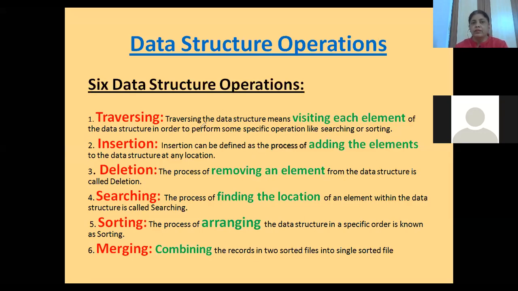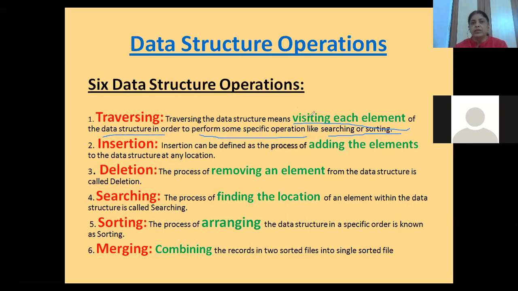That is called traversing: visiting each element of the data structure in order to perform some specific operation like searching or sorting. If you are searching for something with linear searching, you go one by one. You first compare with the first element, and if it is not matched, it goes to the next element.